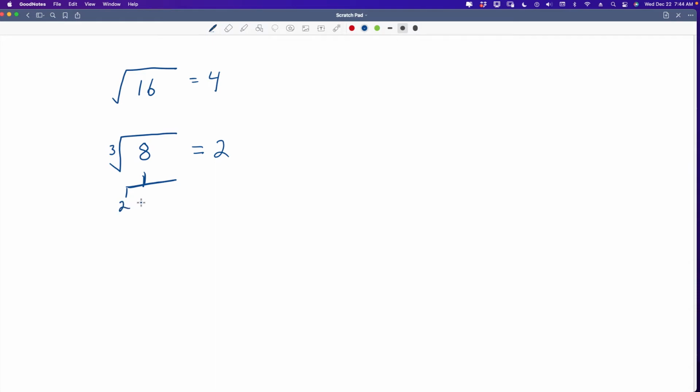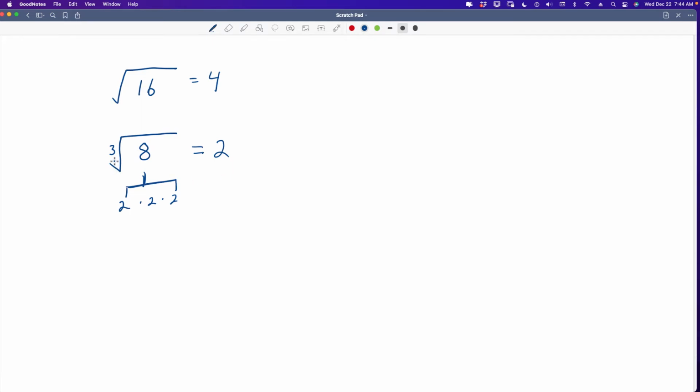We know that 2 times 2 times 2 is 8, right? 1, 2, 3 identical numbers. That's what this is asking for. 3 identical numbers multiplied together gives us 8. What is that number? That number is 2.